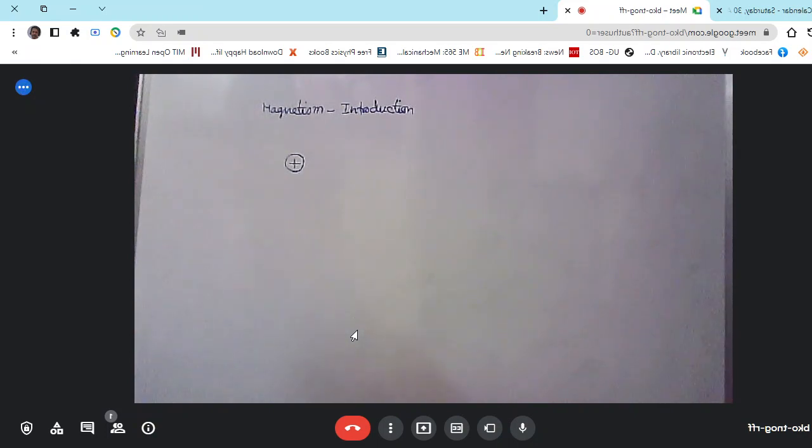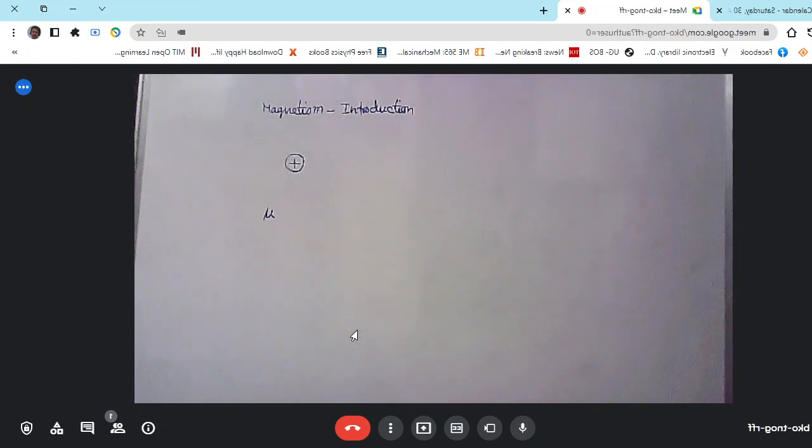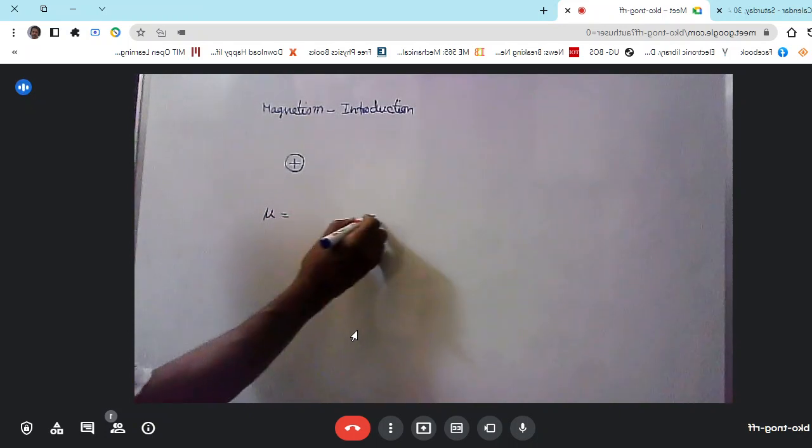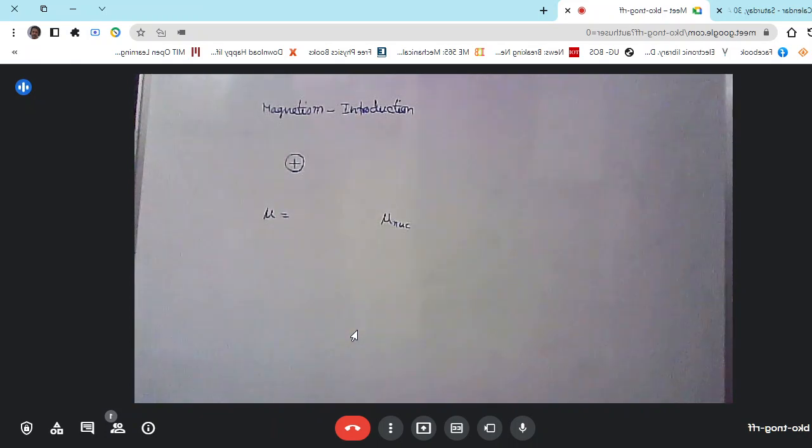So whenever there is some magnetic field, I have some moment, dipole moment. If we denote dipole moment by mu, then mu is equal to, because you know that the nucleus is rotating, as I have just explained to you, therefore it gives rise to some magnetic field, and it will appear that this nucleus has some magnetic moment.